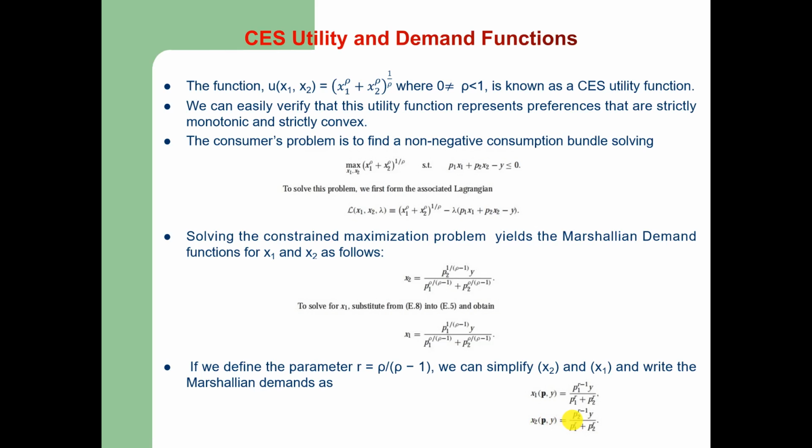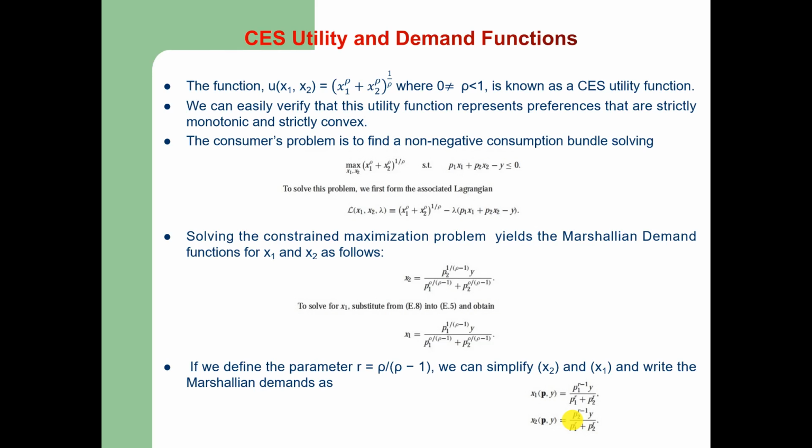So in this video, I discussed the Cobb-Douglas utility function, and then we found the solution value of x1, x2, and the Lagrangian multiplier, and then we used the constant elasticity of substitution utility function, and we derived the Marshallian demand function for x1 and x2, and we showed that the indifference curves in both cases are strictly convex to the origin, and they are non-intersecting, as well as negatively sloped.